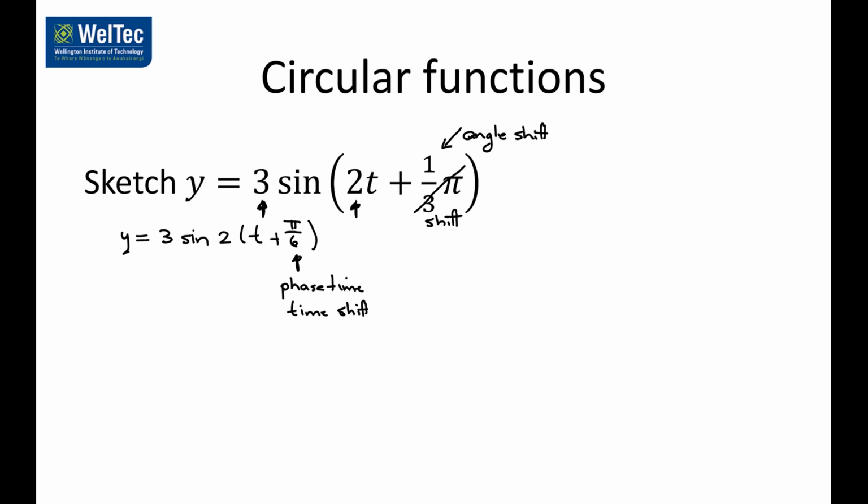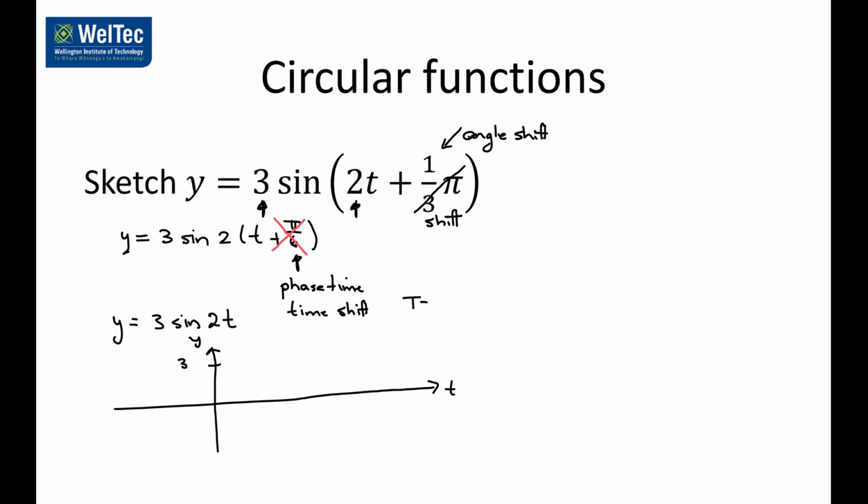Okay, let's draw the unshifted one for the moment. Let's just draw y equals 3 sine 2t. It's going to have an amplitude of 3. T is going to be 2 pi over 2, which is pi.